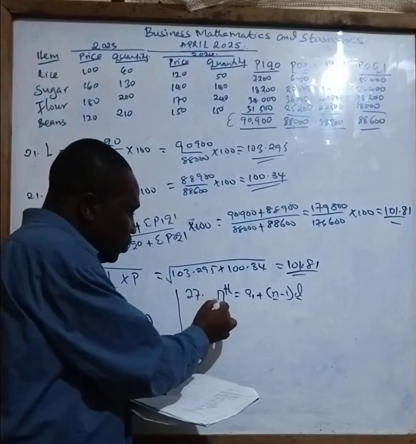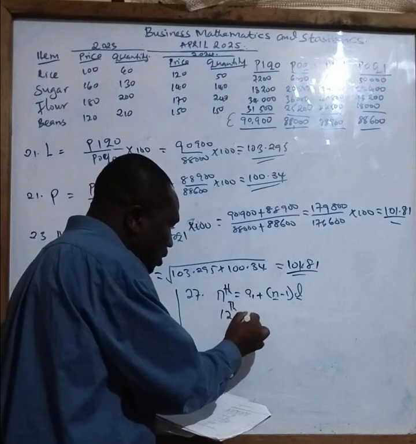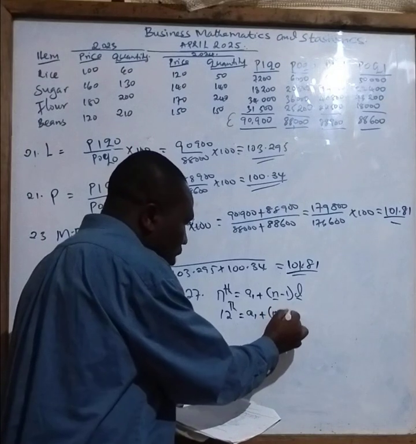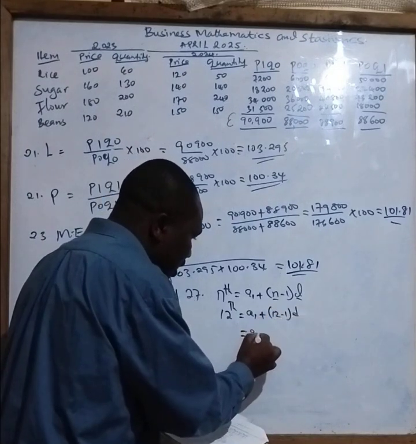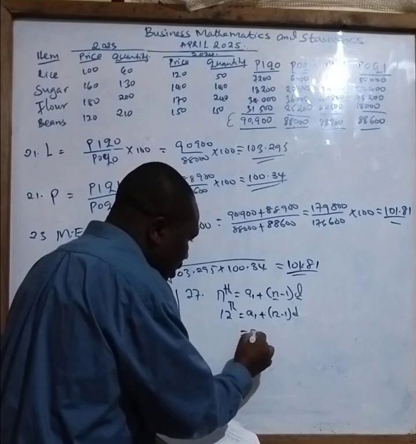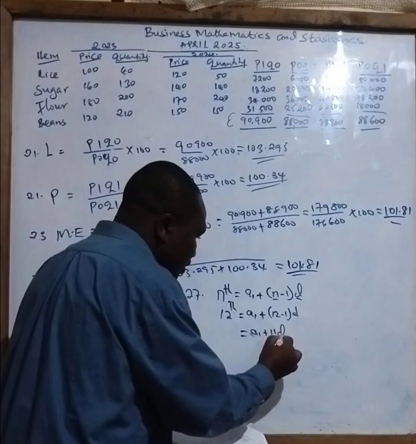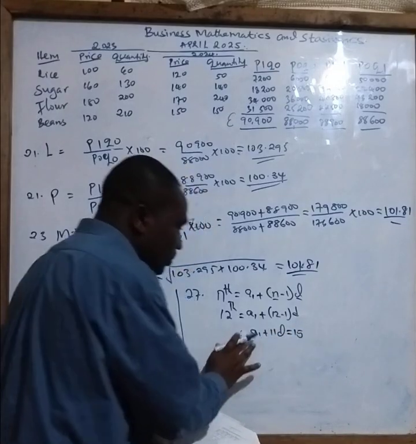The 12th term in this case is a1 plus (12 minus 1) times the difference. So the answer I get here is a1 plus 11d, and this is equal to 15. That's what they are saying.